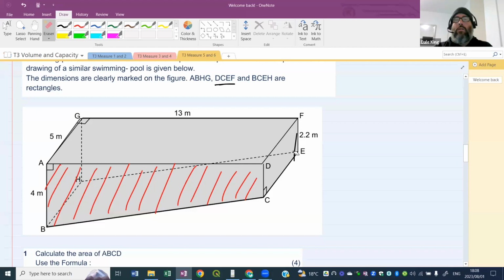That's why they tell us this in the question. If it is a rectangle, then this dimension here, 2,2 for line FE, must be the same as this side here, 2,2 for DC. Which means that FE and DC are the same because this is a rectangle.